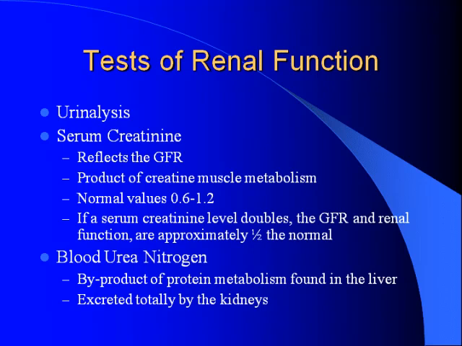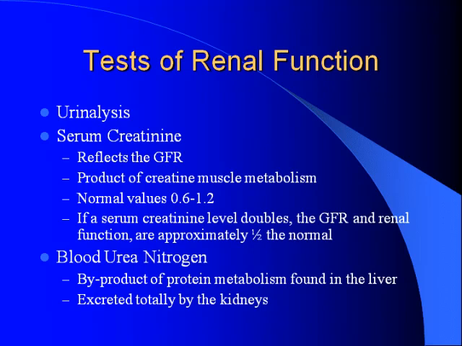The next two values really show what your kidney function is. The first one is creatinine, and this really reflects what your glomerular filtration rate is. Creatinine is the product of creatine muscle metabolism, and it is supposed to be pretty much excreted by the kidneys, or excreted in the urine.